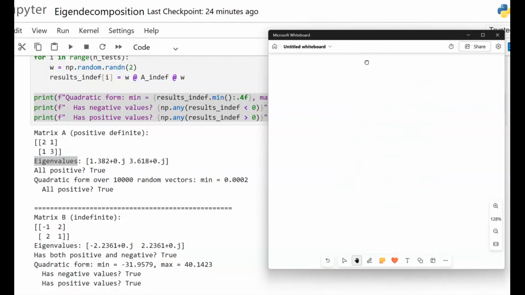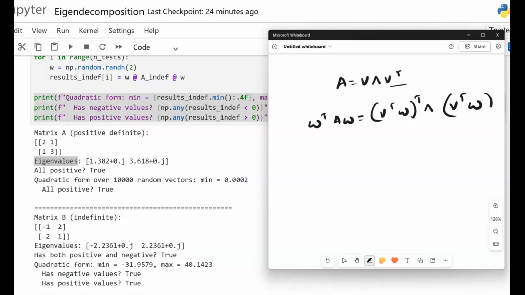For diagonalizing, if A is equal to V lambda V transpose, then W transpose A W is equal to (V transpose W) whole transpose, multiplied by lambda, multiplied by V transpose W. So let Z be equal to V transpose W. Then W transpose A W is equal to the summation over i of lambda sub i multiplied by Z sub i squared.